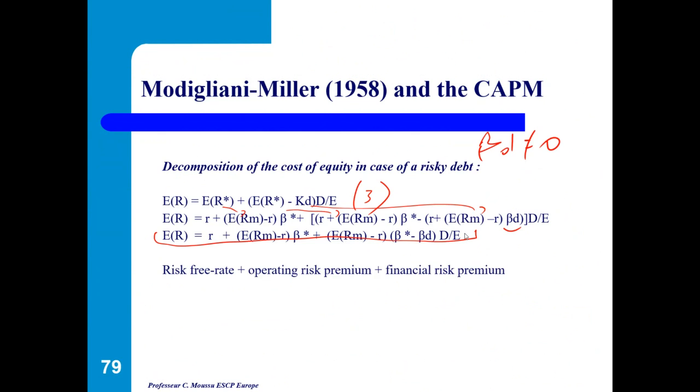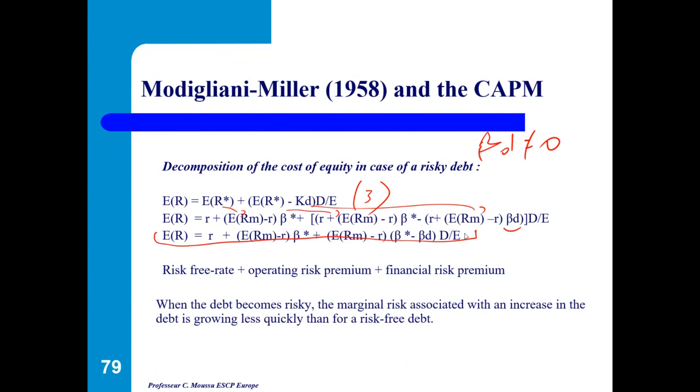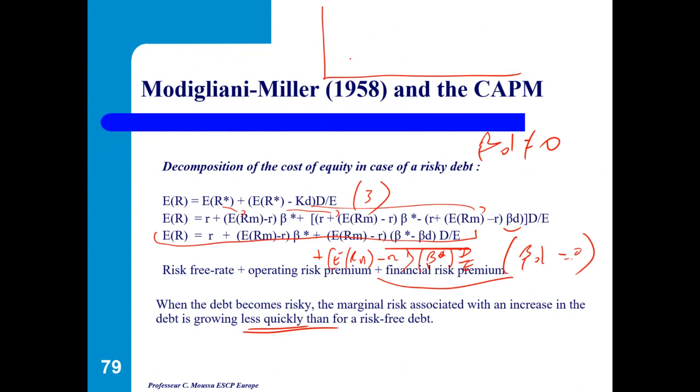If you compare it with the one we had before, when beta D equals 0, you had beta star D over E. So what you have is that the financial risk premium is increasing, but increasing less quickly than when the debt is risk-free. This is exactly what we said before.